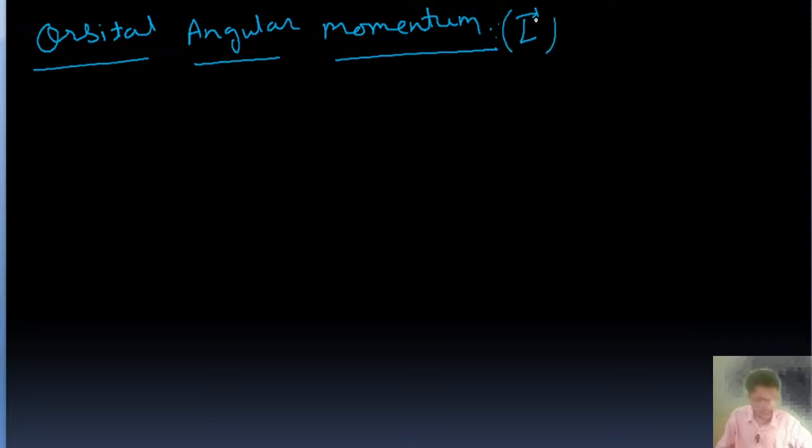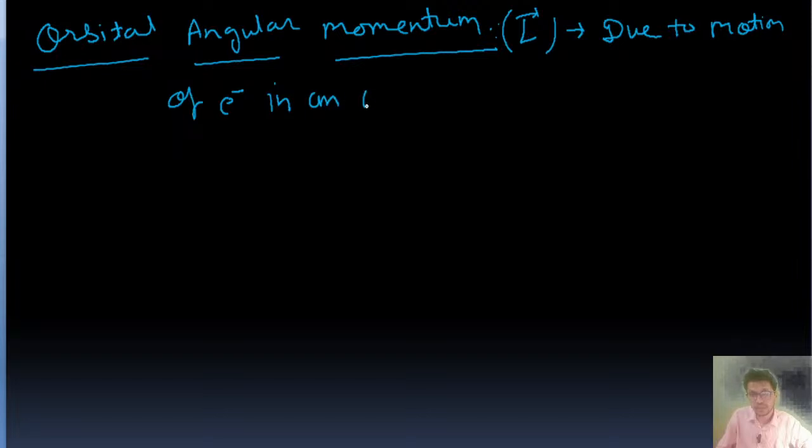Orbital angular momentum L is due to the motion of the electron in an orbit.